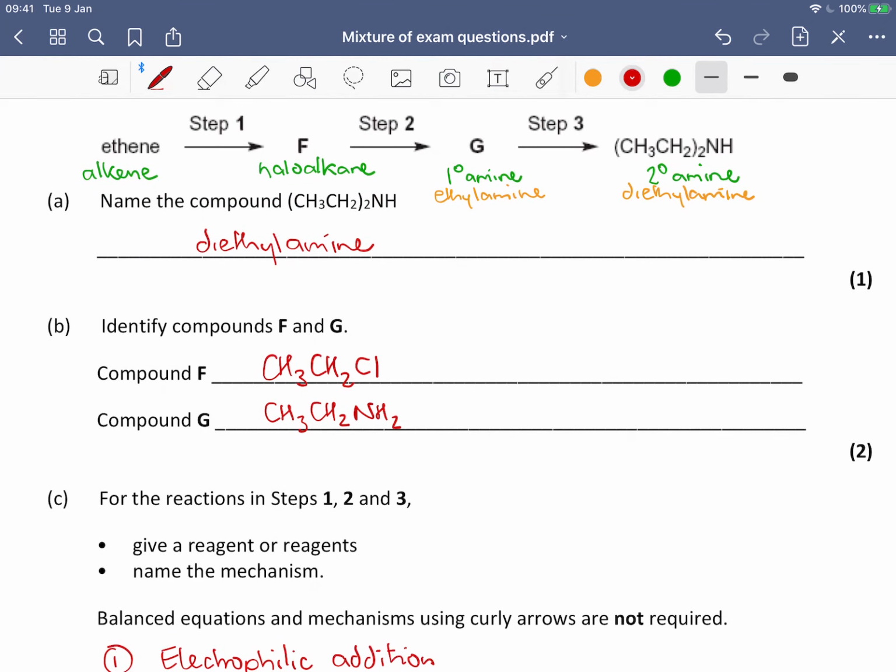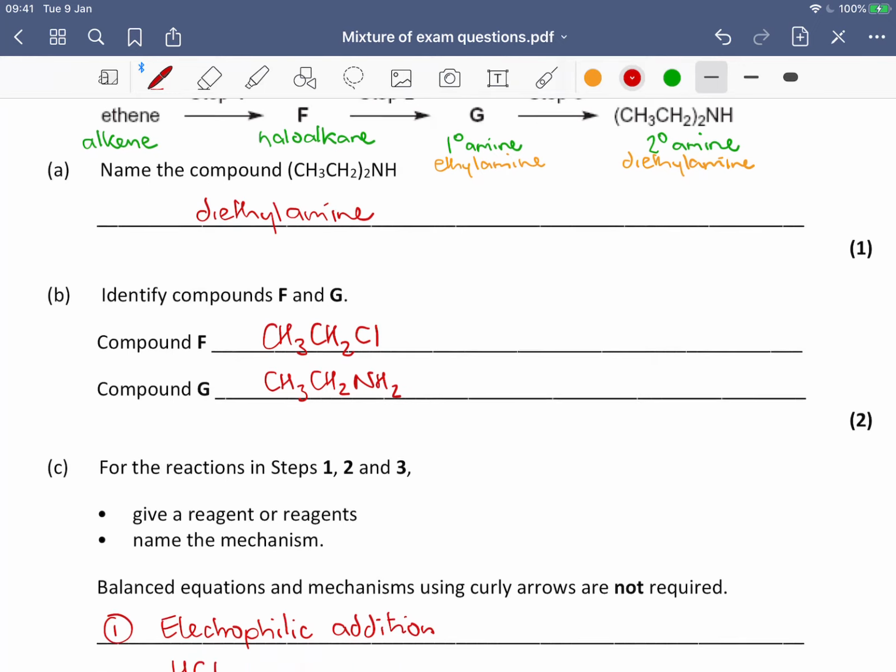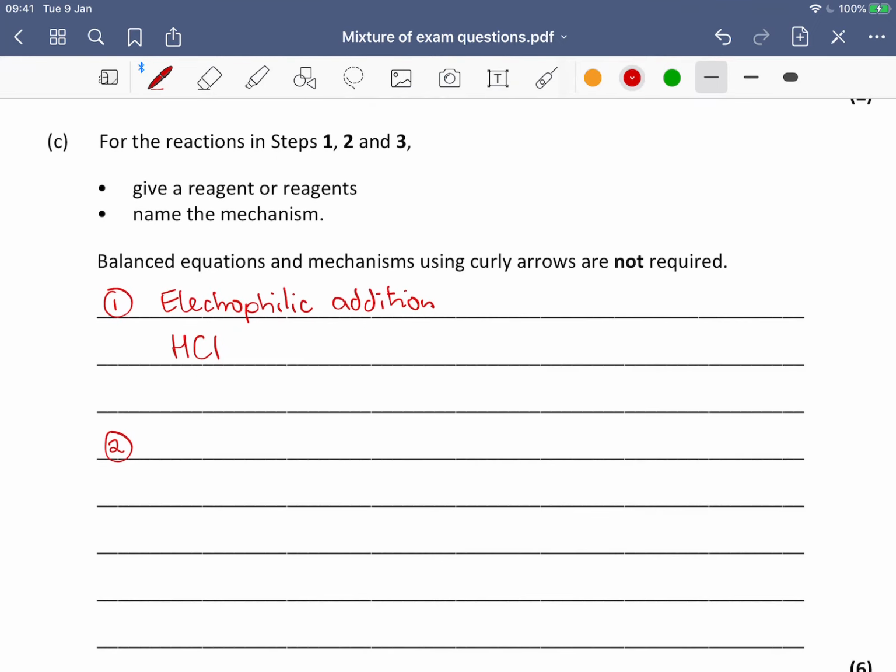So we're going from a haloalkane to a primary amine. So haloalkanes undergo nucleophilic substitution. And then it must be ammonia. That must be our reagent because we are substituting a Cl for NH2, ultimately.